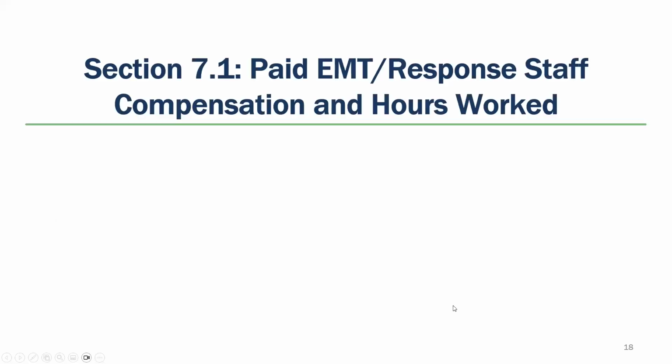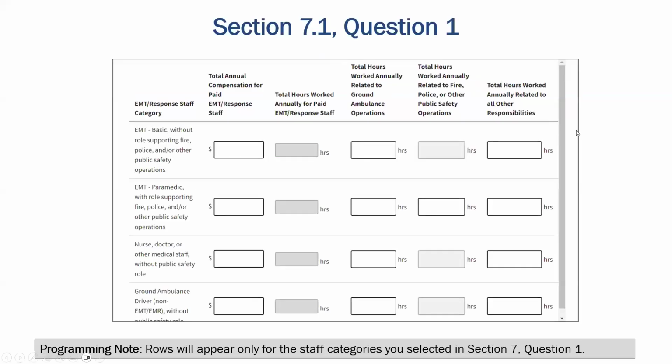All right, now we'll get into the core of Section 7, which is a set of three broadly similar subsections. The first one's 7.1 for paid EMT and response staff. And here's what this and the later subsections will look like.